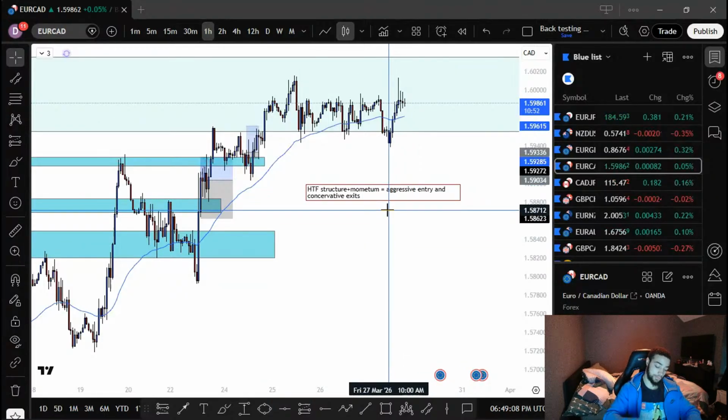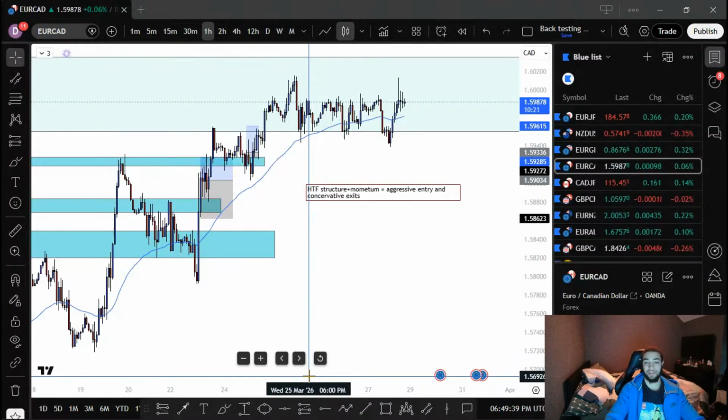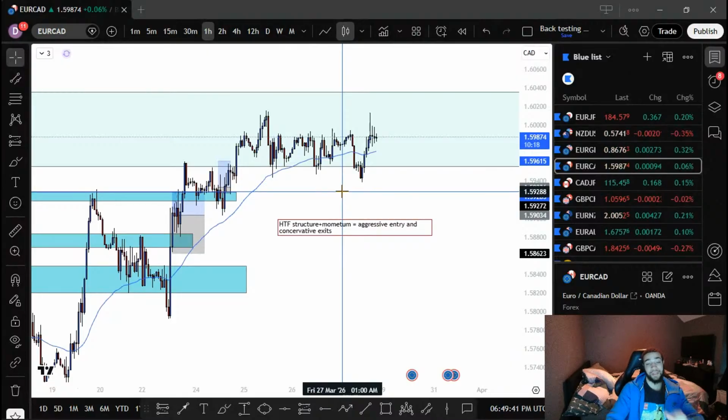So now that it's already written here: aggressive entry, conservative exit. Lovely. So that was the point from this market.